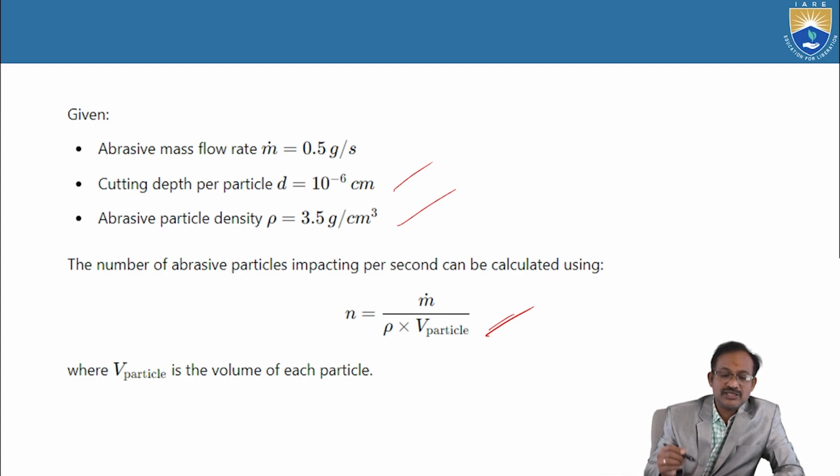With abrasive mass flow rate M dot, N, the number of abrasive particles impacting per second, equals M dot divided by the abrasive particle density times V particle, where V particle is the volume of each particle, not velocity.